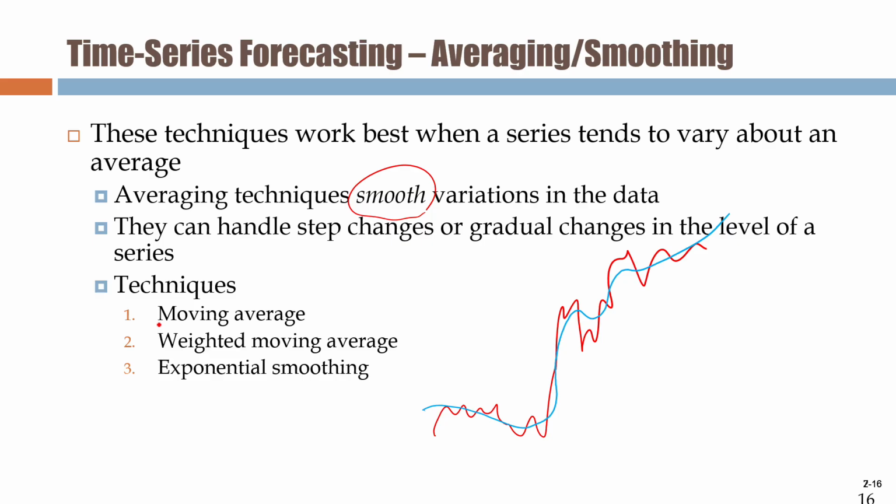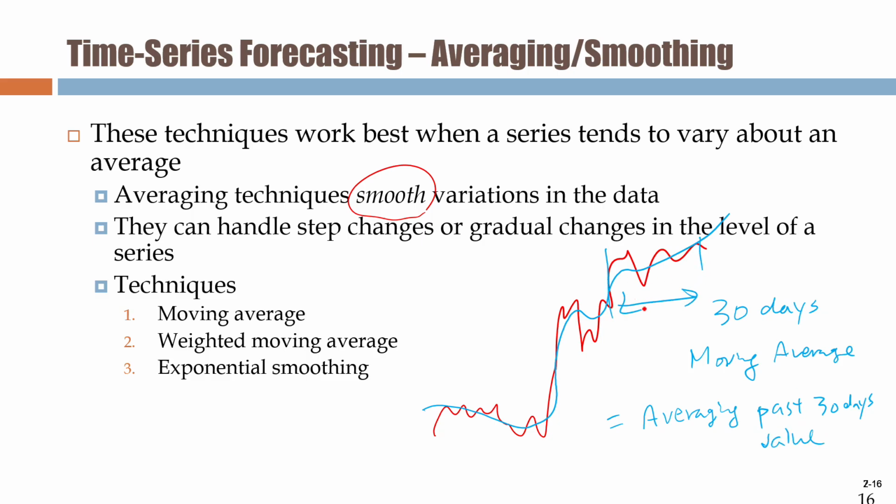The moving average is called that because your average window is moving. Just like I said, a 30-day moving average means you are averaging the past 30 days' values.